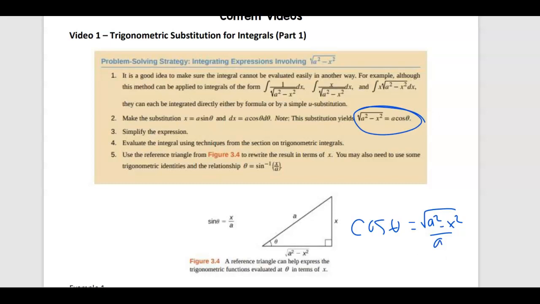And so this substitution is actually going to give us a cosine theta, and then we'll be able to do some integration from there. You are going to have to put this back into x, so make sure that you use some arc trig in order to do that. Again, we're going to do some examples here together.